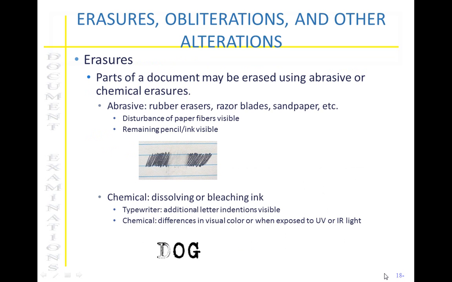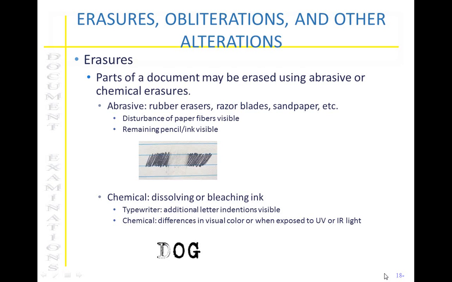And then there's also the possibility of working with documents that have either erasures, obliterations, or other alterations that have been performed to them. So with erasures, part of that document is actually going to be erased using some type of either abrasive type product or a chemical type erasure.